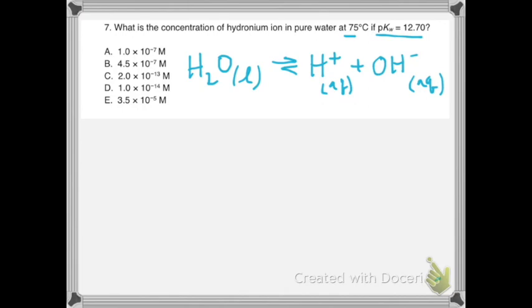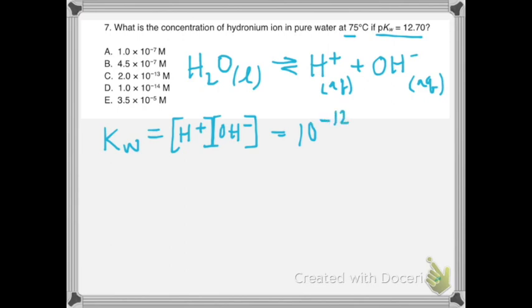Okay, and we know that our Kw, which is just the equilibrium expression for this, is going to be equal to H plus times OH minus. Okay, and we also know that to get our Kw from pKw, we would just take 10 to the minus 12.7.